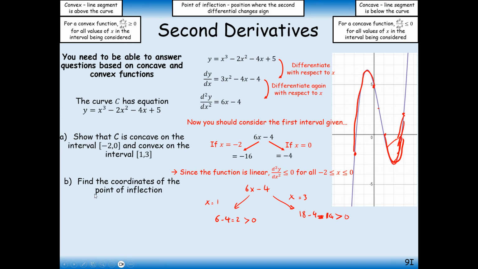Now we get to part B of this question, asking us to find the point of inflection, and that is when the second derivative of the function, d2y by dx squared, is equal to 0. That means 6x minus 4 must equal 0. Where is that going to be? x is going to be 4 over 6, which is 2/3.